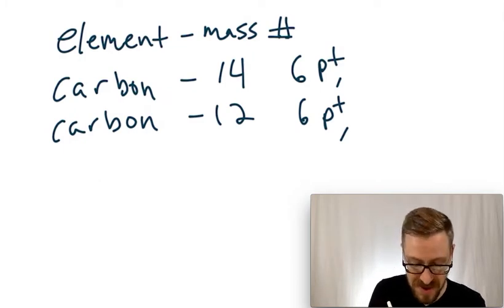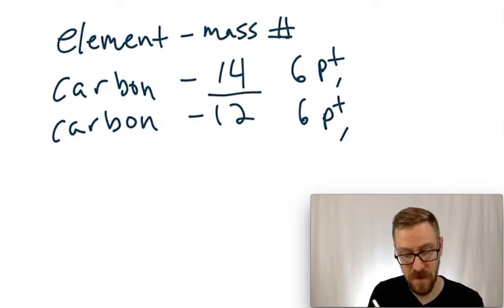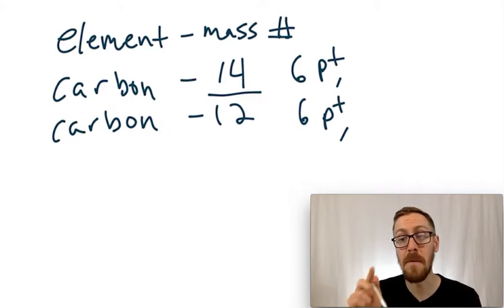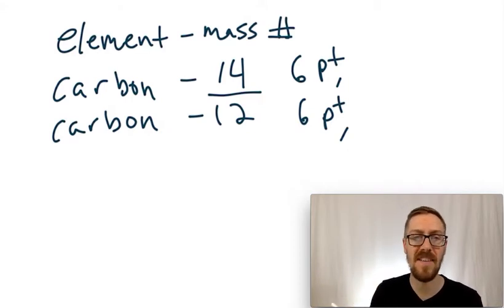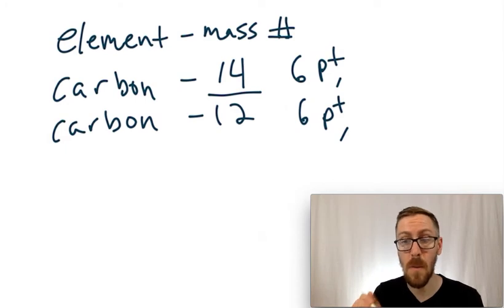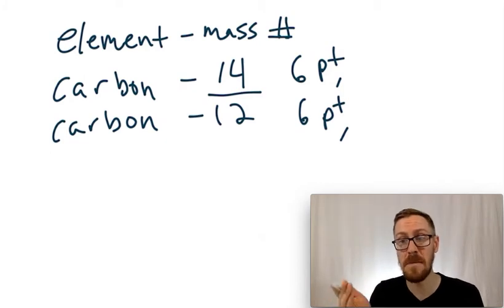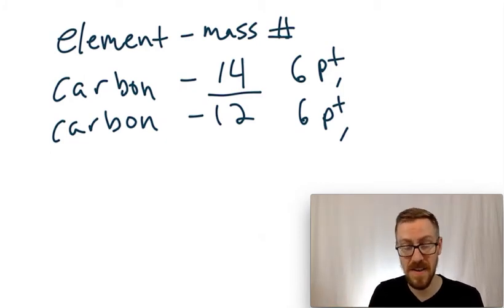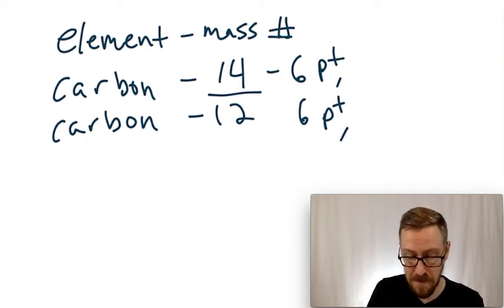So this number right here is the mass number, and both protons and neutrons have mass. So that 14 there says that on this atom of carbon, it has a mass of 14 total. We know out of that 14, 6 of them are protons because every atom of carbon has 6 protons. So to find out how many neutrons it has, you take 14 minus 6.